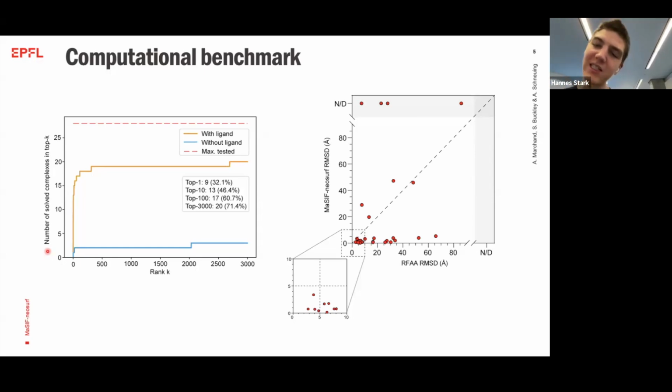The y-axis is the K in the top K. So the K is the x-axis. So you can see that for most complexes we find them in the top, I don't know exactly what this is, let's say 10 or so. That's why the curve is so steep at the beginning. Then we find some later on. Is it just that you have a test set with 27 complexes or so?